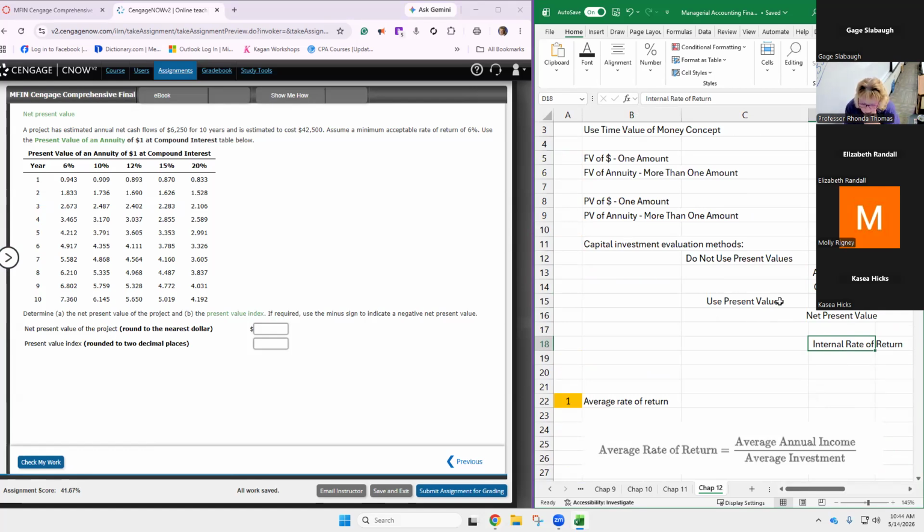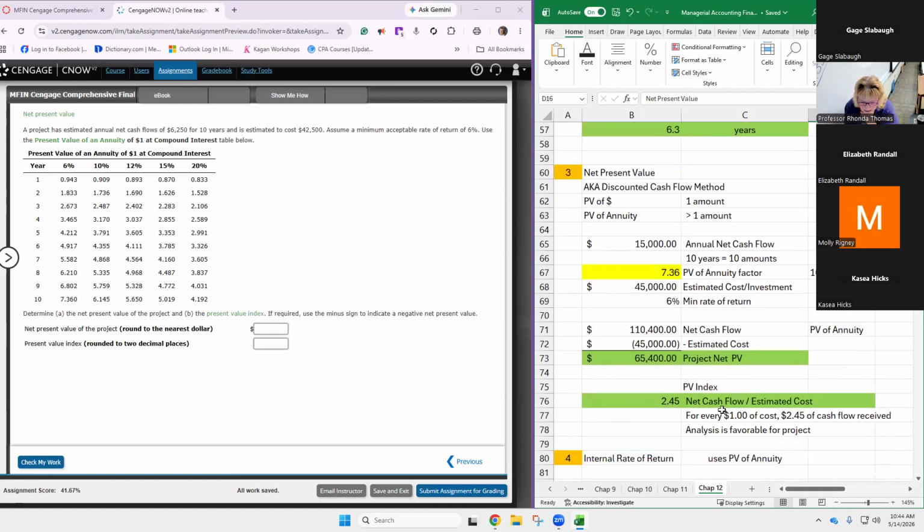All right. So we're only going to work with present values for this one. There are future values, but we don't need it for this particular method. So we're going to use what's called the net present value. So present value, and the word net means something's been subtracted somewhere before we got to this number. All right, so I'm going to scroll down to get to net present value.